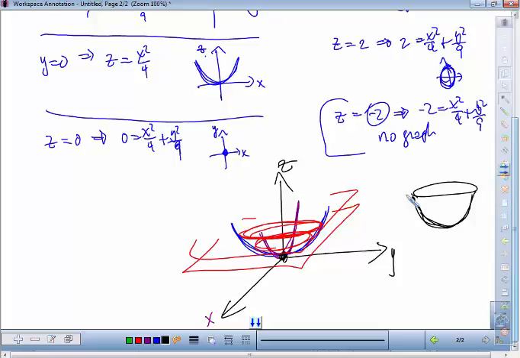All right, we could do the same analysis to view the hyperbolic paraboloid, but you guys can look at that. All right, let's examine some more shapes.